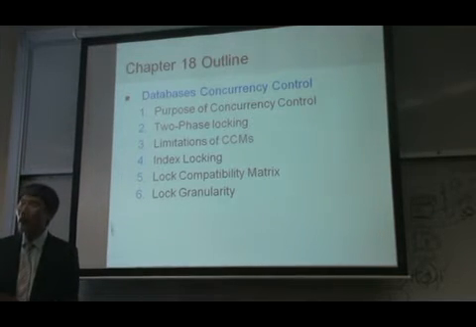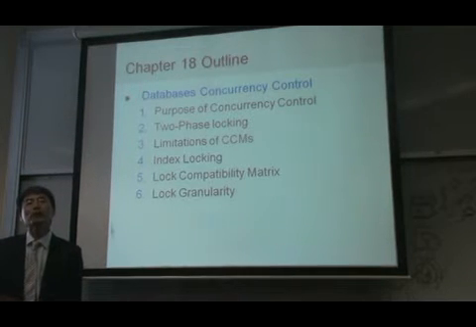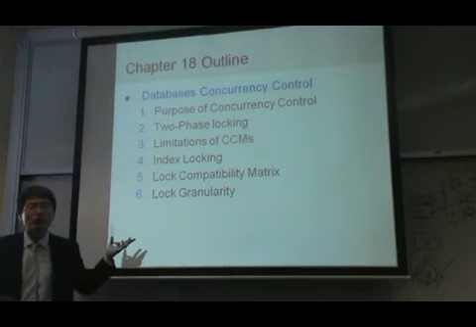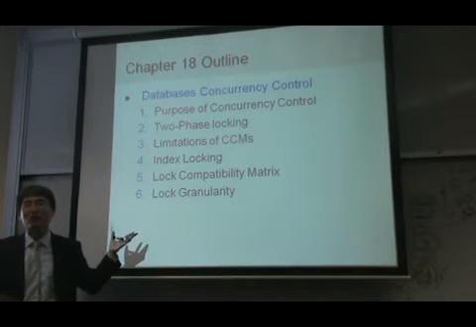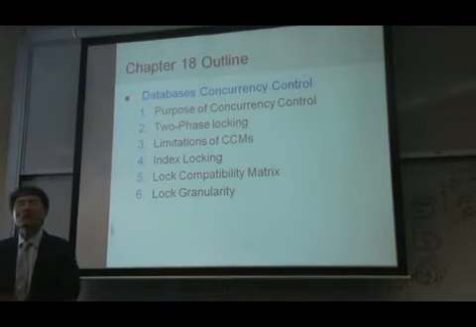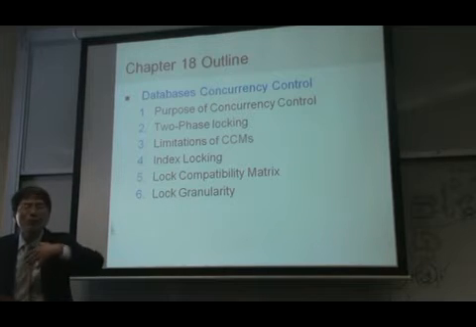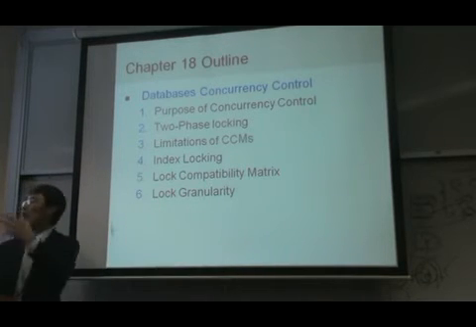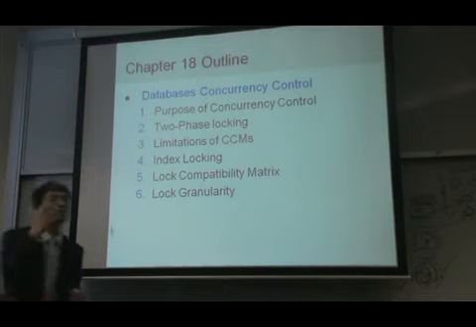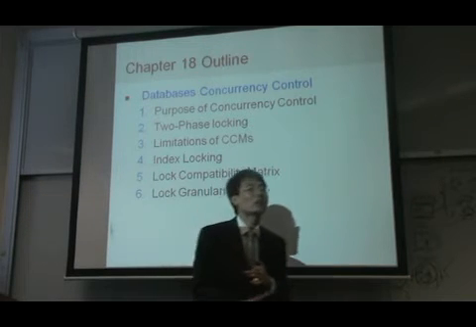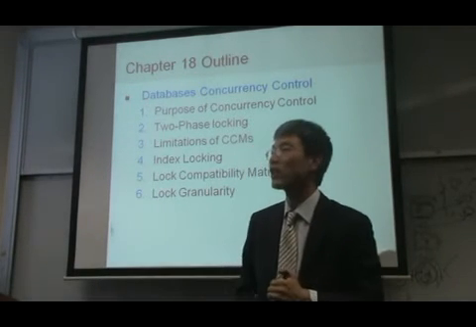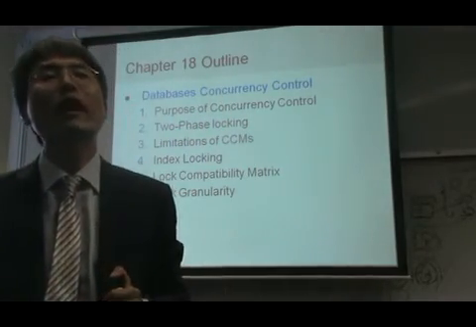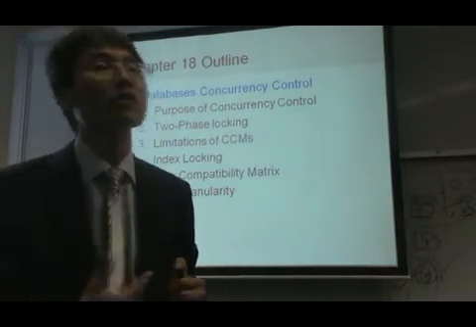However, if your database is read-only, do you need to worry about concurrency control? No, you can allow any number of users, transactions or requests to access the data, because it's just read-only. There is no change, so there is no problem in terms of inconsistency. Just allow as many users and transactions as possible.